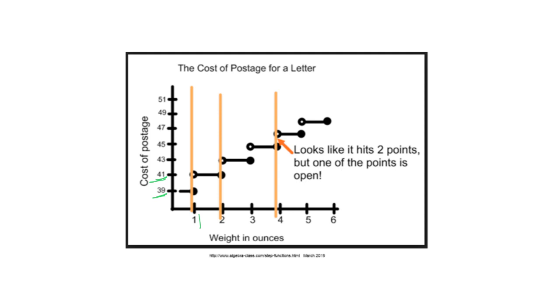Also notice that you can't be both. If you're at 1 ounce, you can't be charged the 39 cents and the 41 cents. It's one or the other. So in this case, you're charged the smaller amount, the 39 cents. But as soon as you go just a smidgen past the 1 ounce, you'll be charged the 41 cents. And that keeps going.